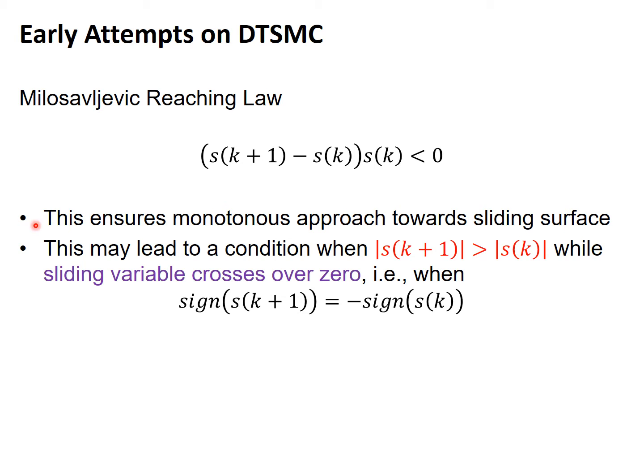However, this ensures monotonous approach towards the sliding surface. That is true, but there is a problem. This may lead to a condition where your s(k+1) in magnitude is greater than s(k). When this happens, suppose it is crossing the 0 line.